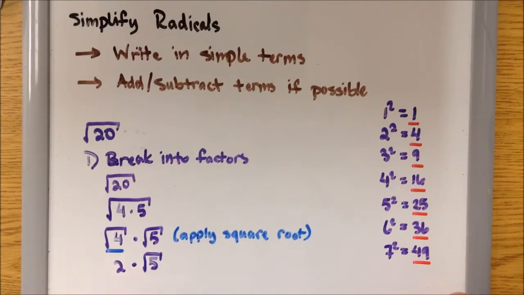So the square root of 5, and then I apply 2 times square root of 5, so it's going to be 2 square root of 5. So that's our answer for our first example.